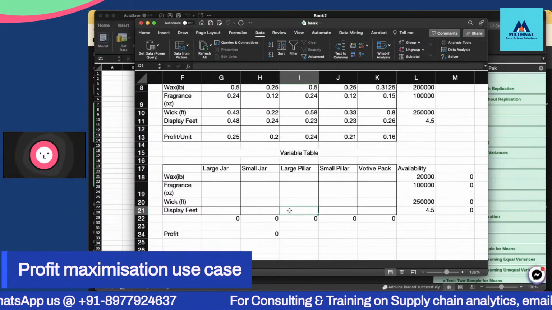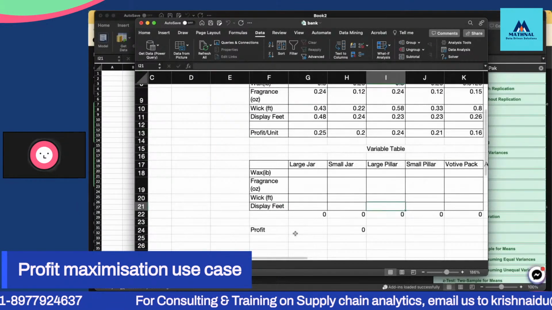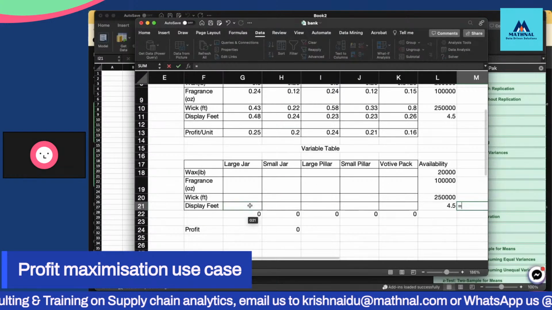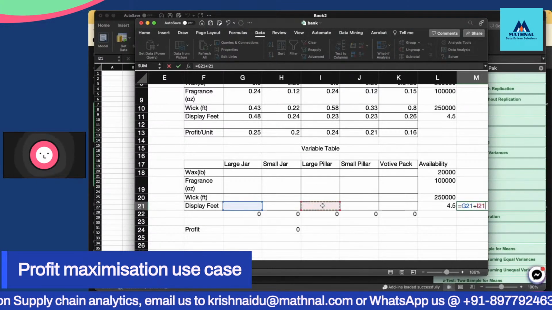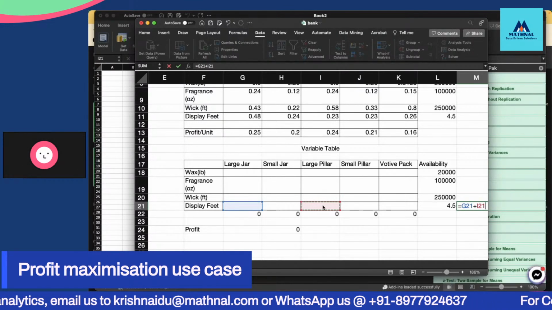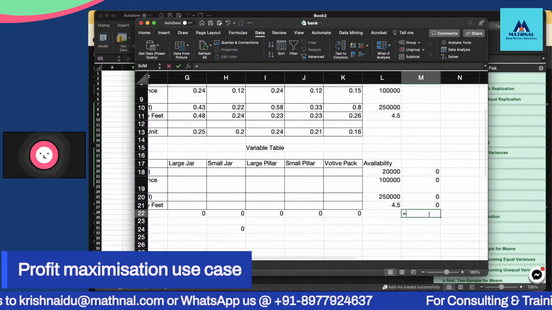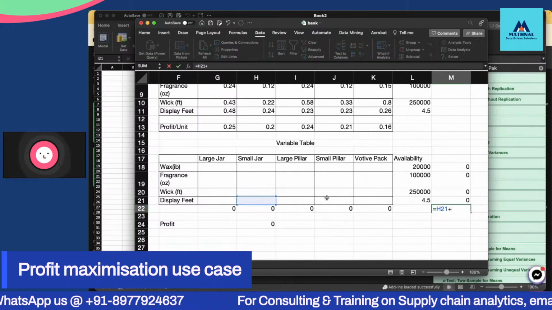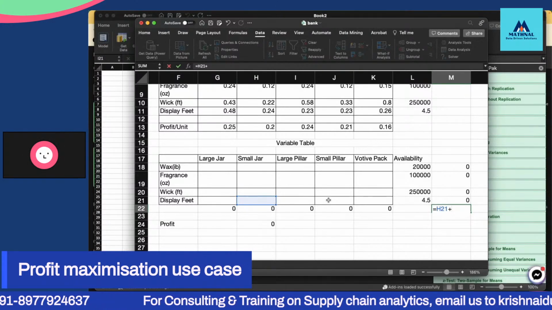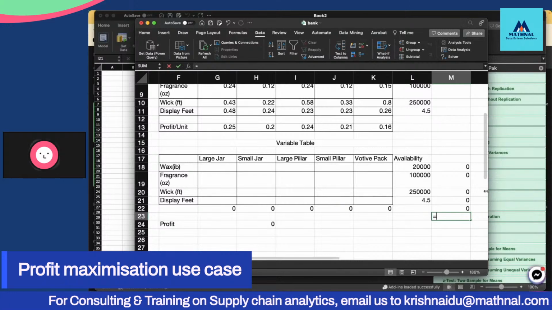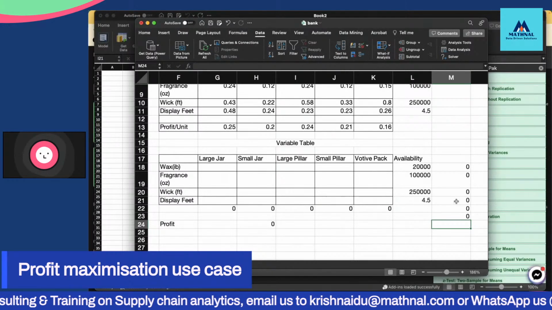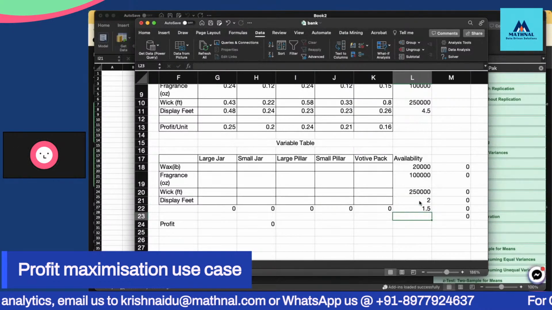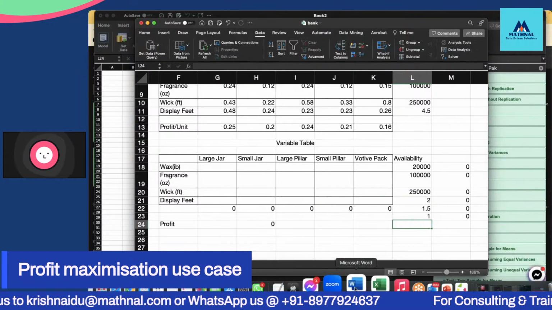So this plus this has to be 2, this plus this, and then this plus this, and then this. So there are 3 conditions here. This has to be equal to 2, this has to be equal to 1.5, and this has to be equal to 1. Let's say the condition once again.